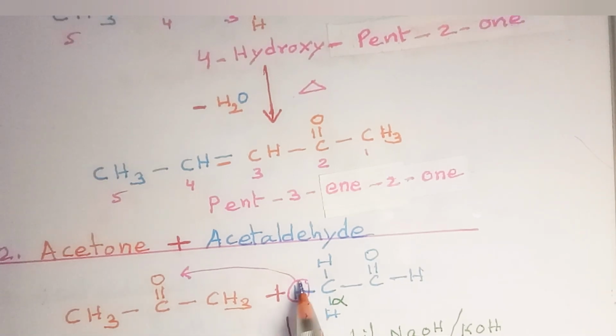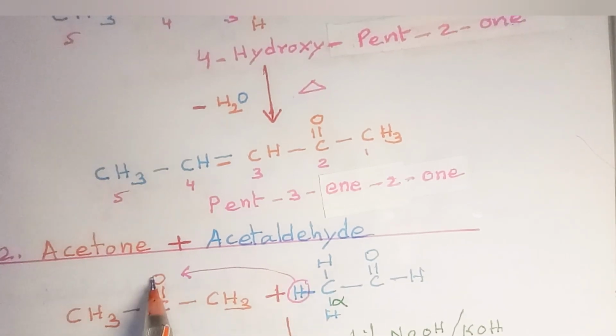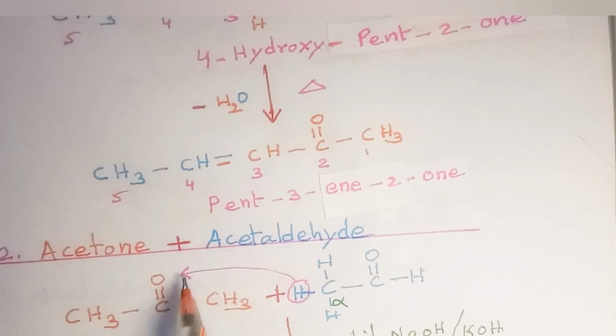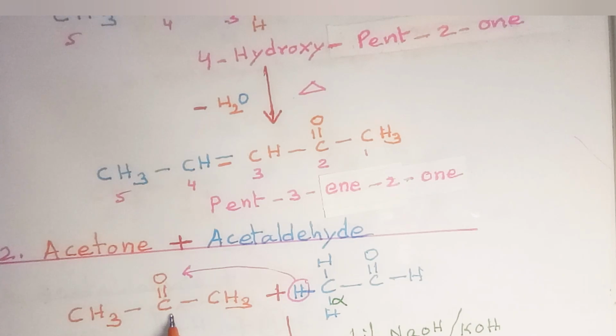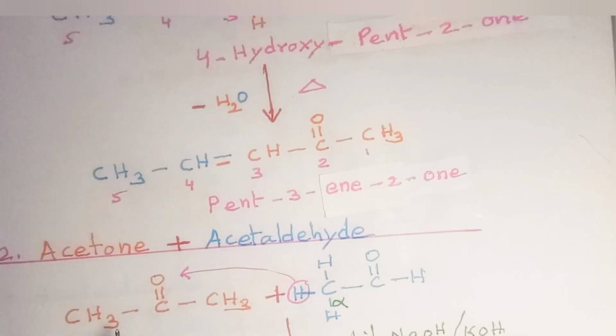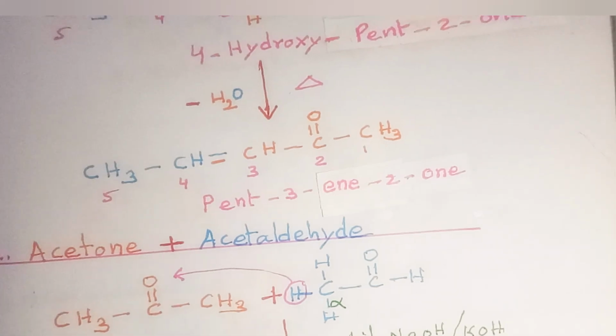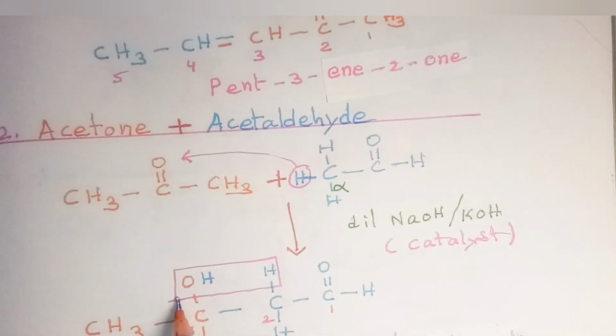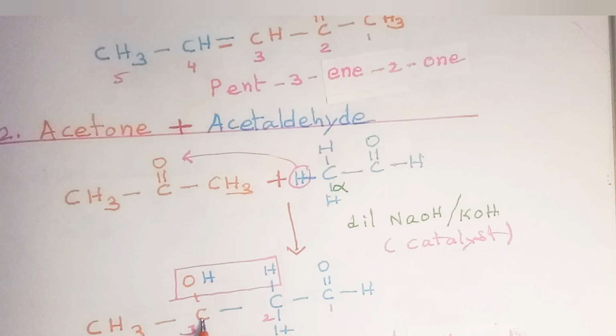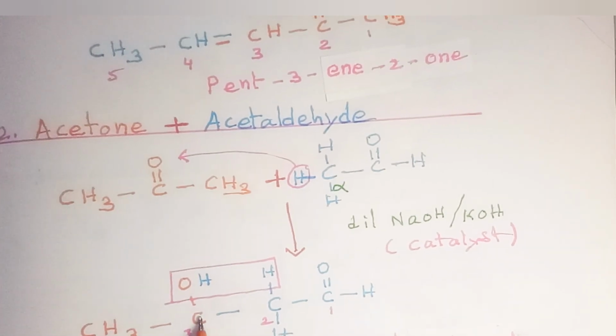Now one of the alpha hydrogen atoms is joined to the oxygen atom of the carbonyl group of the first reactant, as a result of which we get an OH on this carbon atom, that is the carbonyl carbon of the first reactant.